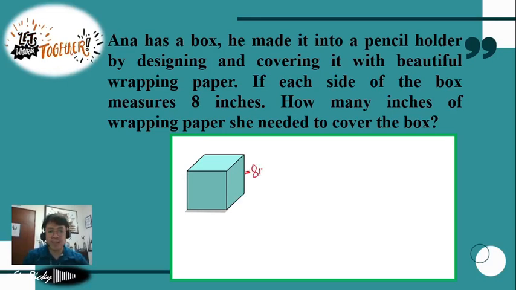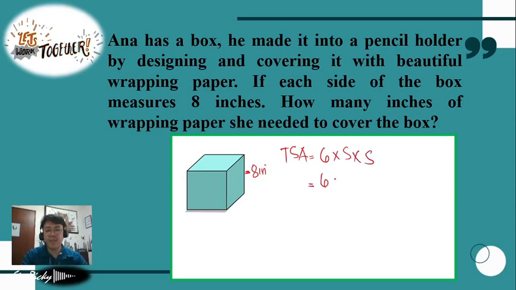Now, if we analyze the given problem, the solid figure that represents the box Anna is using is a cube, wherein each side is equal to 8 inches. As you can remember, what is the formula in getting the total surface area of a cube? We can write TSA is equal to 6, because a cube has 6 faces, times the area of each face, which is a square, so side times side.